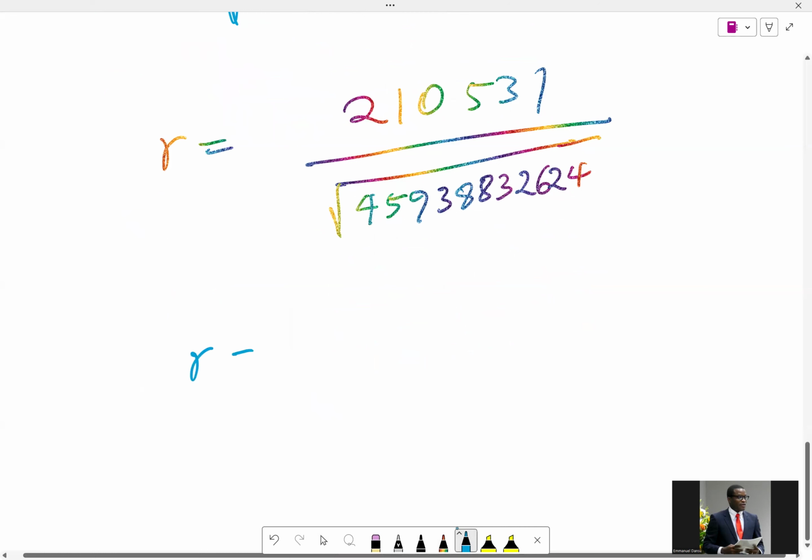So R is equal to 210,531. Now it will be approximated at this point because we'll be taking the square root.